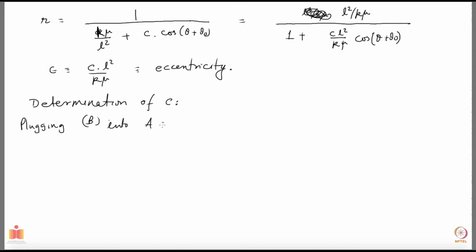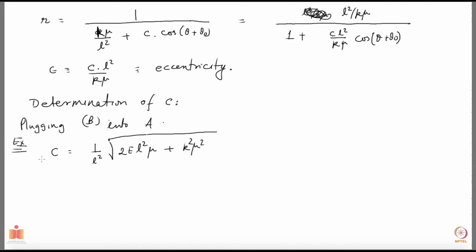You will get C to be one over L square, then you have, and that is what you should check, 2 E L square mu plus K square mu square. Please do this exercise.